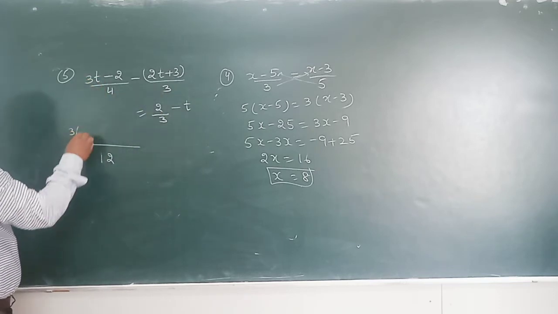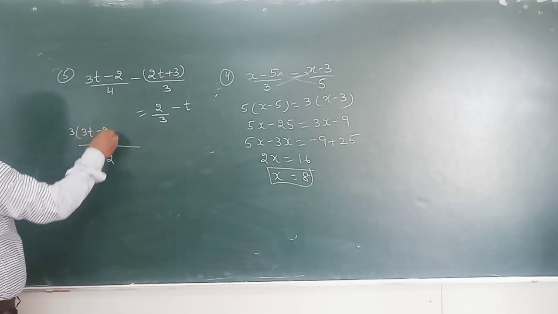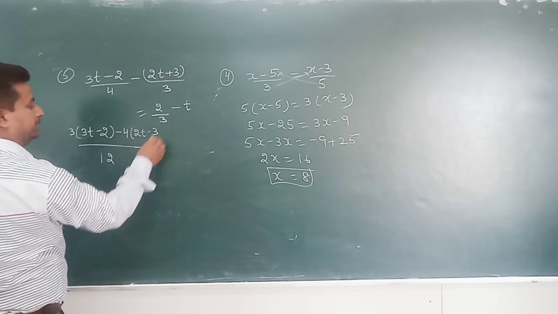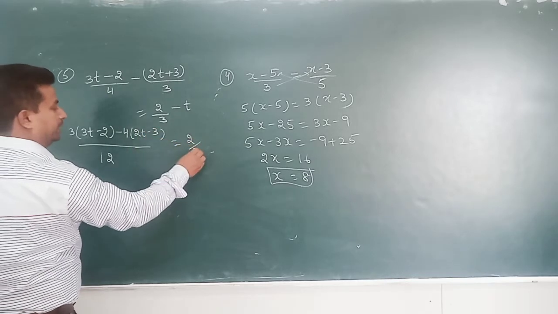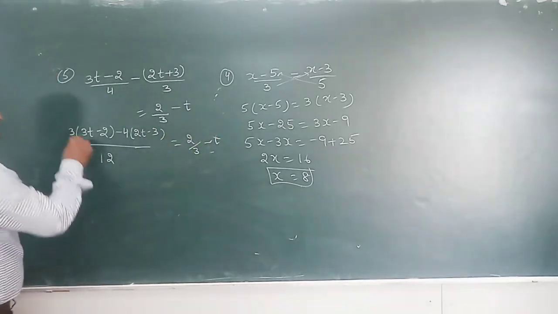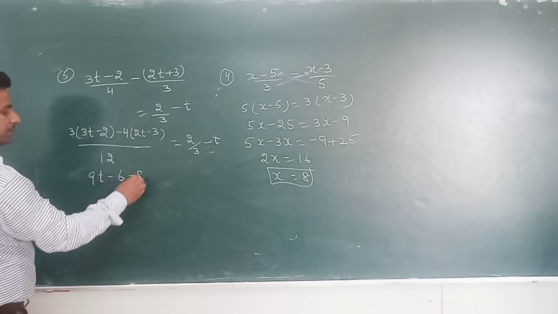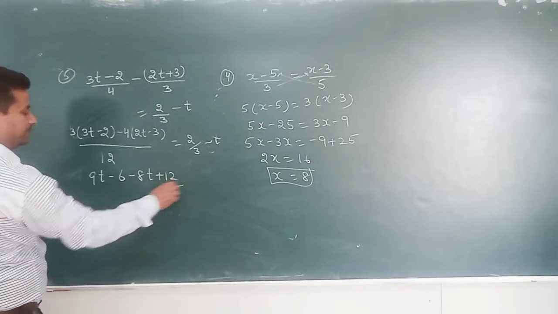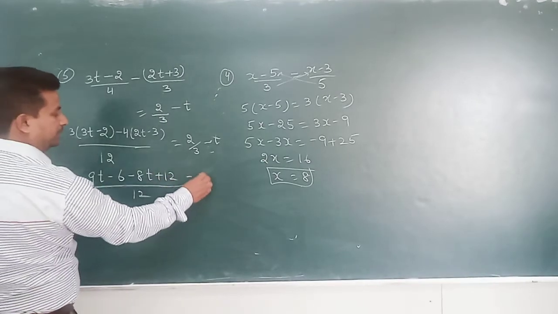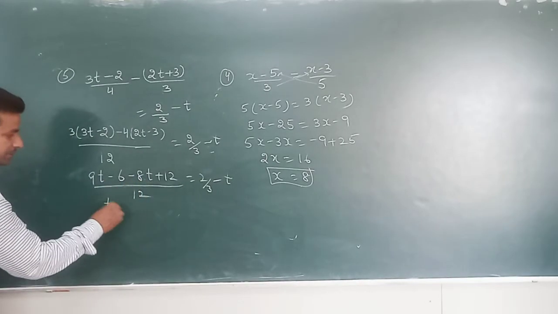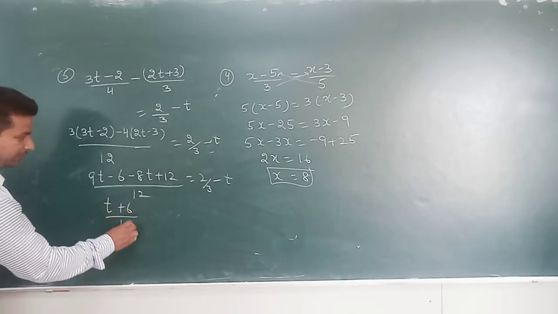This 3 is multiplied by 3t minus 2 and this is 4, 2t minus 3 equals 2 by 3 minus t. When we solve this question, this is 9t minus 6, 8t plus 12 divided by 12.